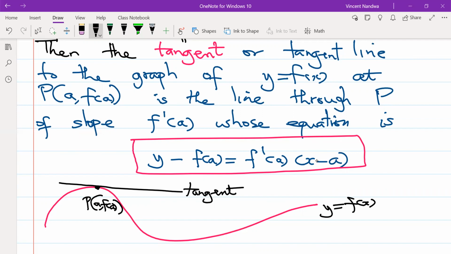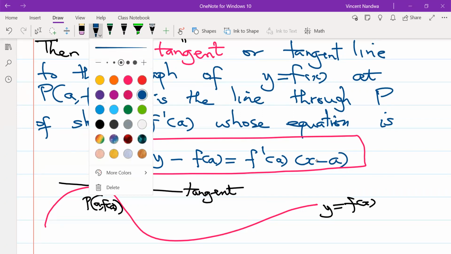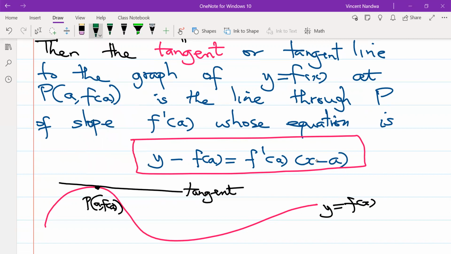Let me test whether you still revise your high school work. A line which is perpendicular to the tangent at P is called? If I have another line that meets this tangent at 90 degrees, what name do I call that line?